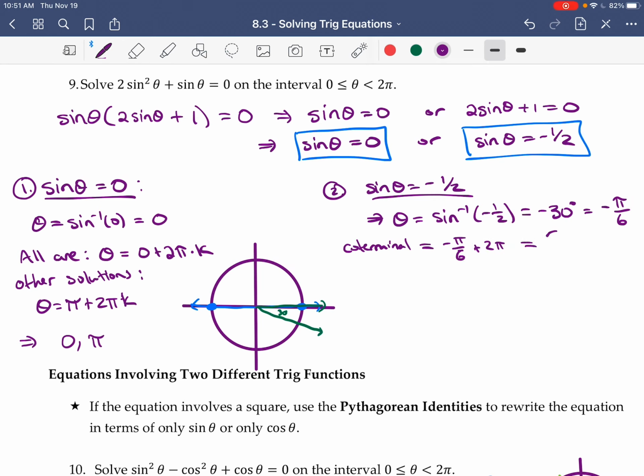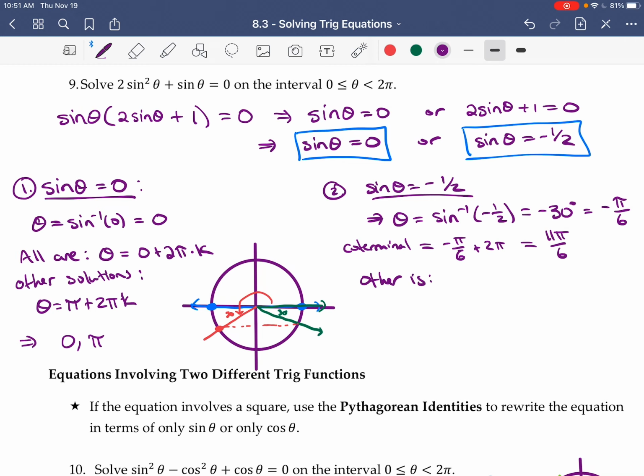That's going to give me 11 pi by 6. Okay, and then my other one has the same sine value, so it's going to be the same y value, which I didn't draw very well. Okay, but this is going to be the 30 degrees, or the pi by 6.